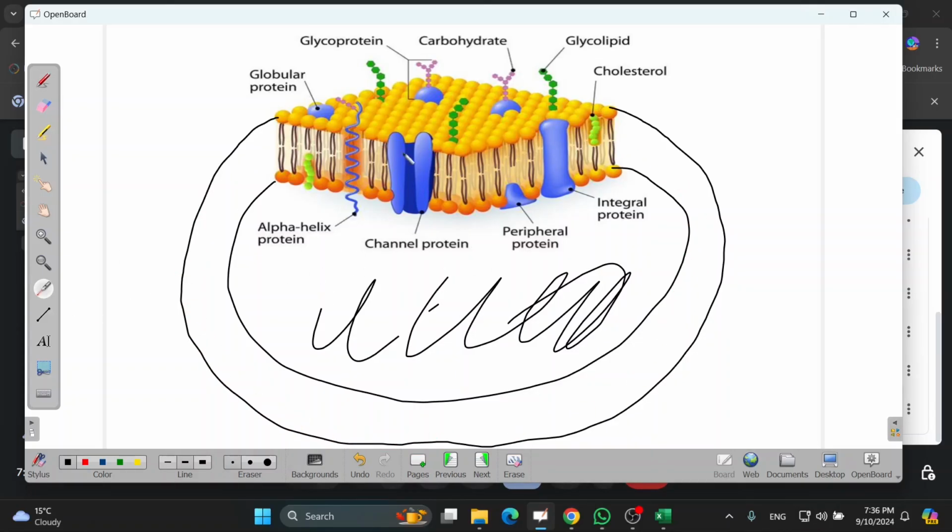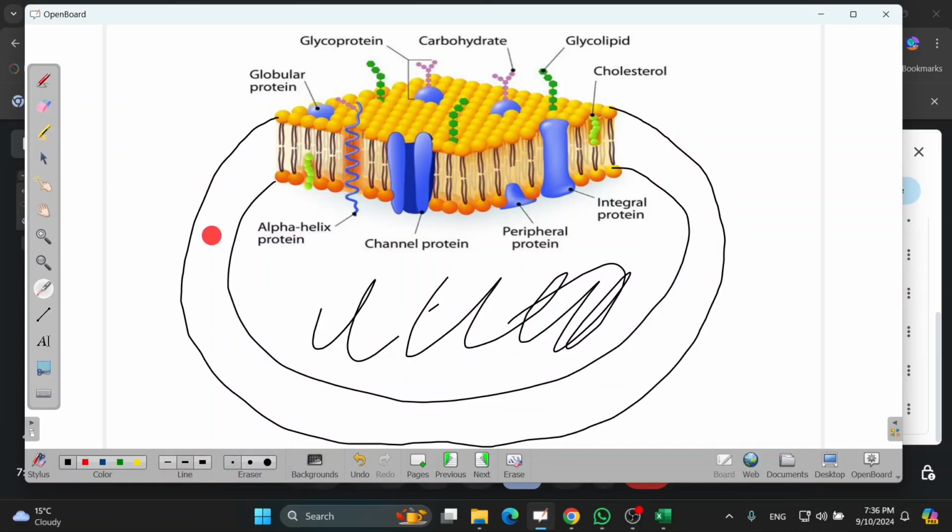The membrane is made up of different molecules like carbohydrates, right? This one's here. Fats, you see in yellow, that is fats, right? Lipids. And the ones that you see in blue are proteins.